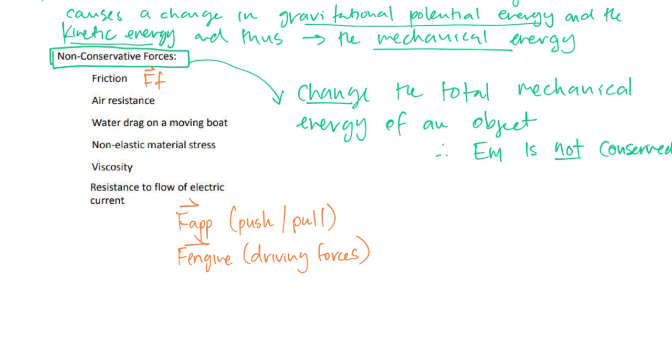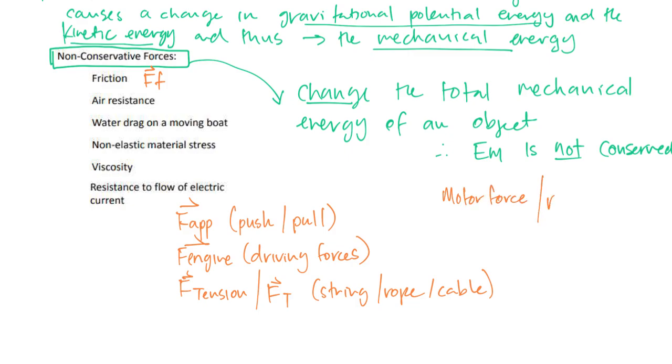non-conservative forces. I can also have force of tension, or FT, and that is if I use a string of some sort, or a rope or cable. All of these types of forces, if they act on an object, that is when I've got non-conservative forces. I can even use another one and say a motor force, rocket propulsion.